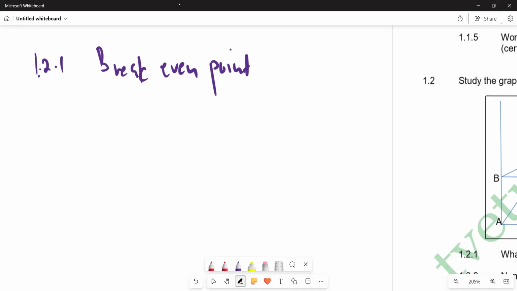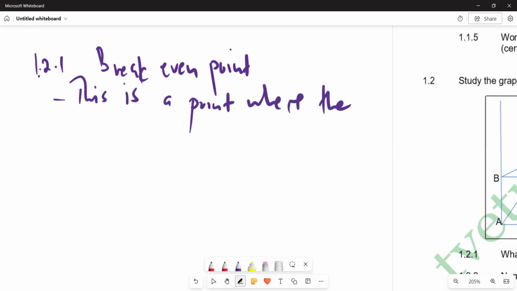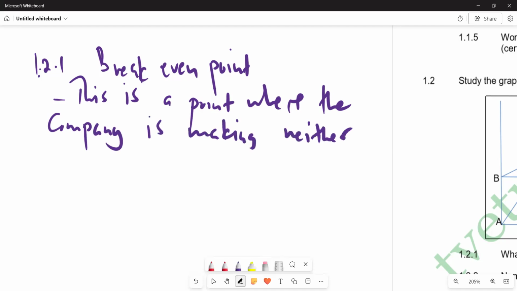So we can just give that explanation that this is a point where the company is making neither a profit nor a loss. So this is what we have on the break-even point. So we can try to see on the next question, what do we have?